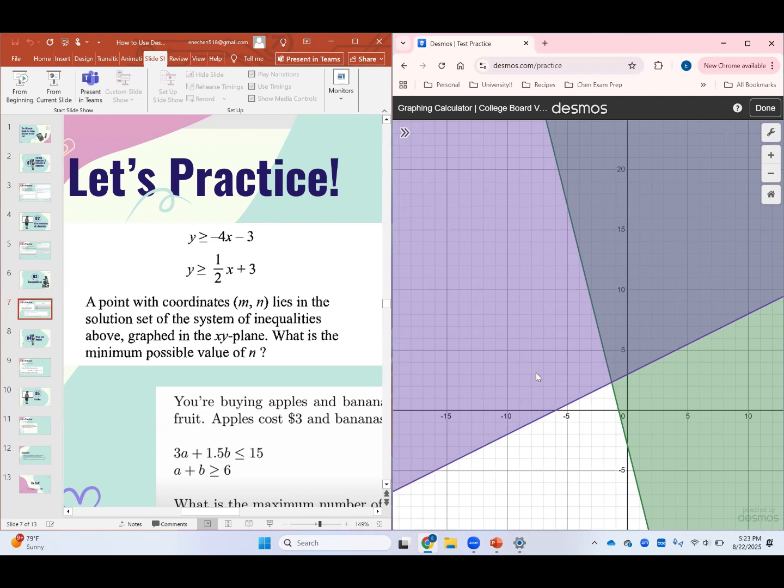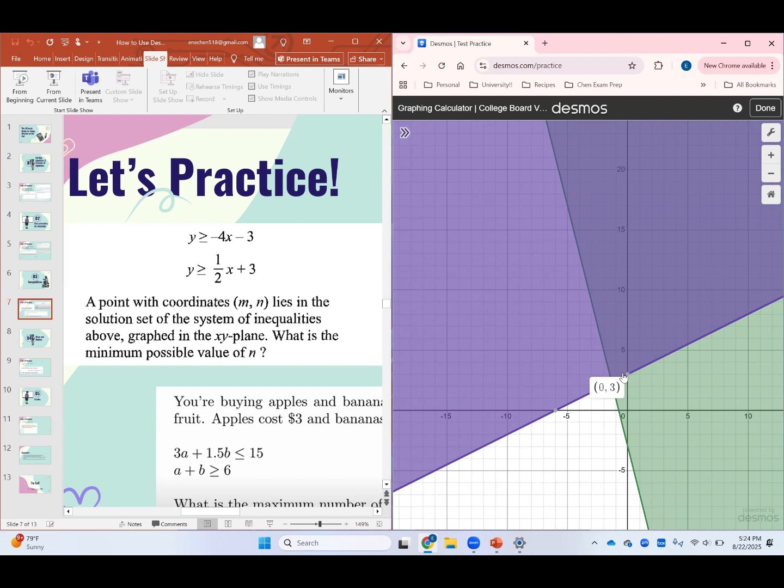Now, if I'm looking for the minimum possible value of n, I'm going to look at the lowest part of this solution set. And because both of these inequalities have an equal sign, I can actually just look at that intersecting point, because that intersecting point counts as part of the solution set, since it falls into both inequalities, right?